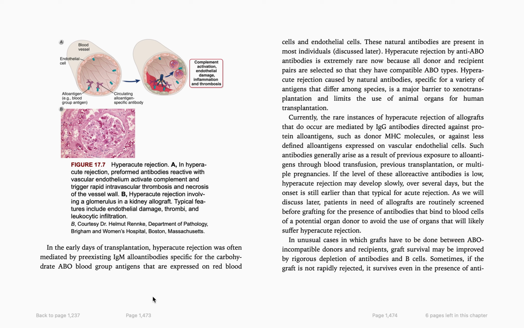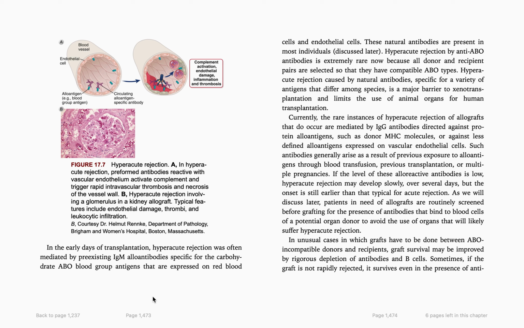In an unusual case in which a graft has to be done between an ABO incompatible donor and recipient, graft survival may be improved by rigorous depletion of antibody and B cells.